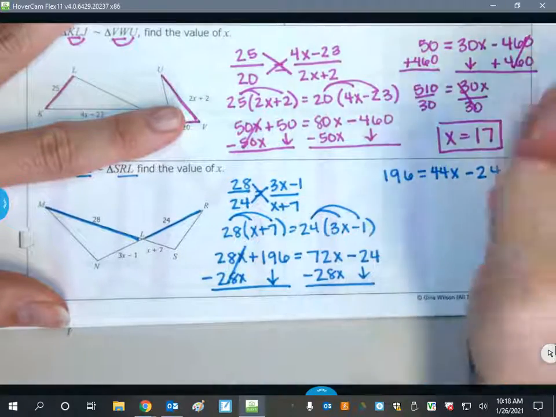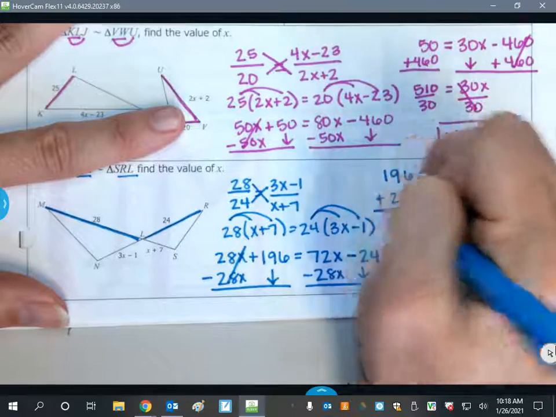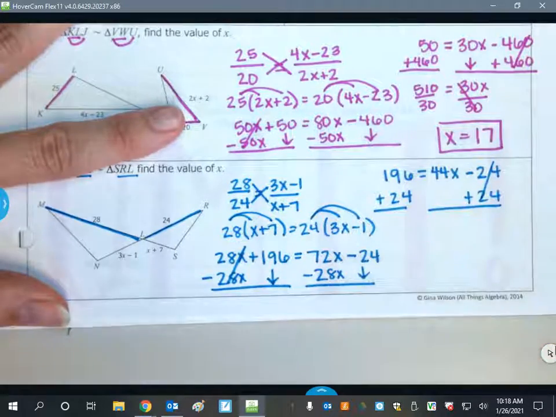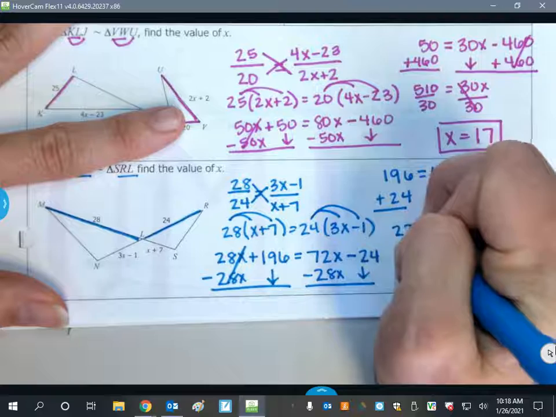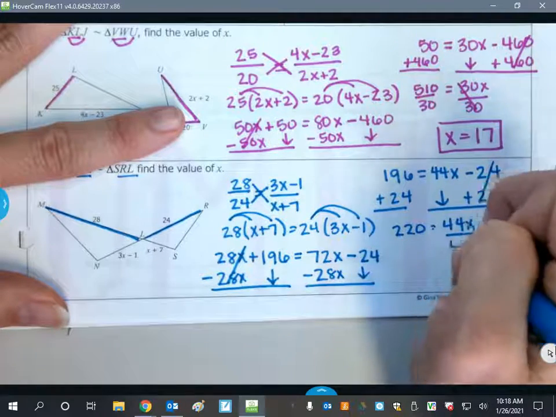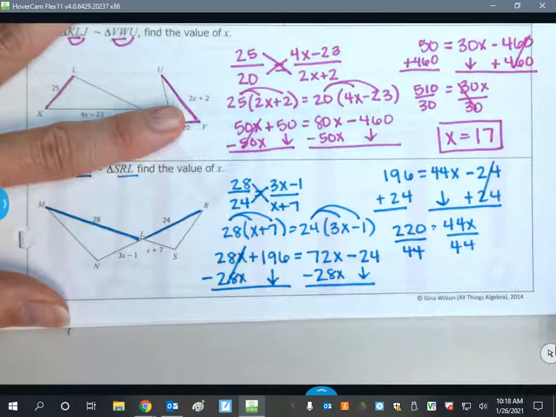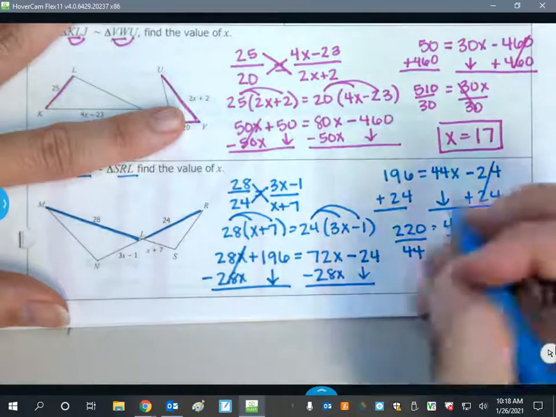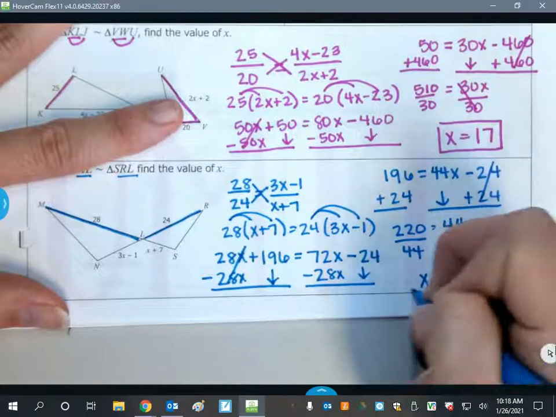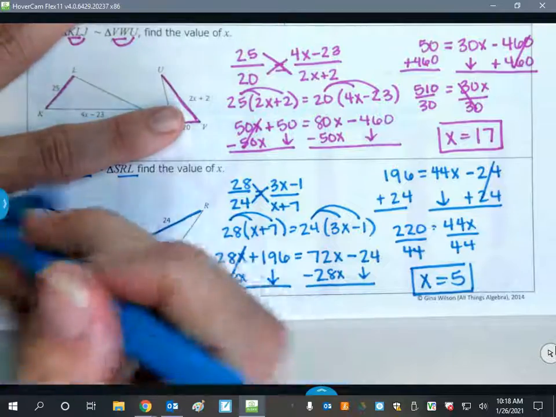So then I add 24 to both sides. Those go away. And 196 plus 24 is 220 equals 44x. Divide by 44. And you get x is equal to 5. So hopefully you put that x is equal to 5 for this problem.